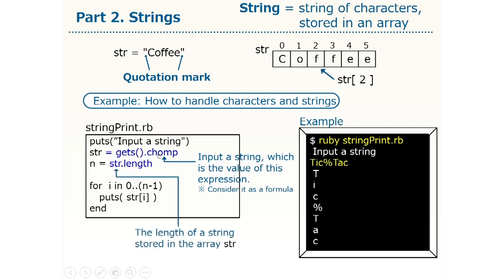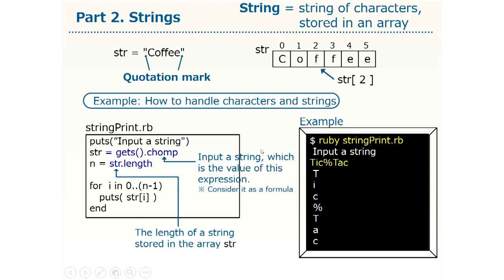Let's move on to the third line. By this statement, the length of the string in the array is obtained and stored in the variable n. Remember, we studied this command before. Yes, we used it to measure the number of boxes used in an array. Here, the number of boxes in str is nothing but the length of the string kept in the array or the string variable str.